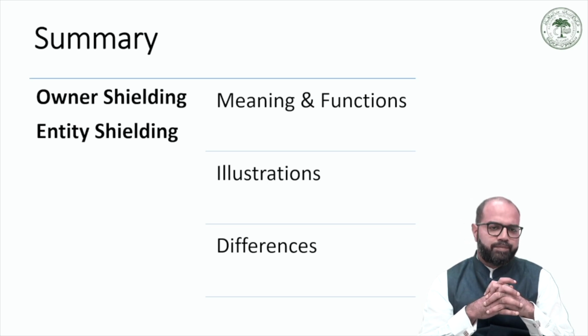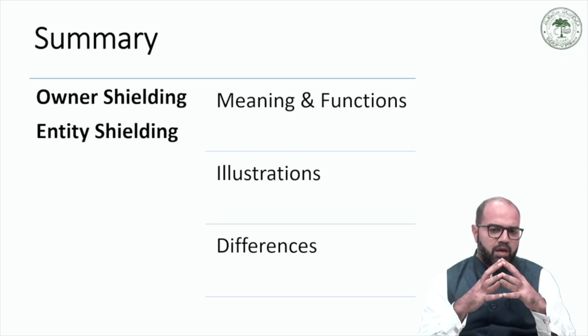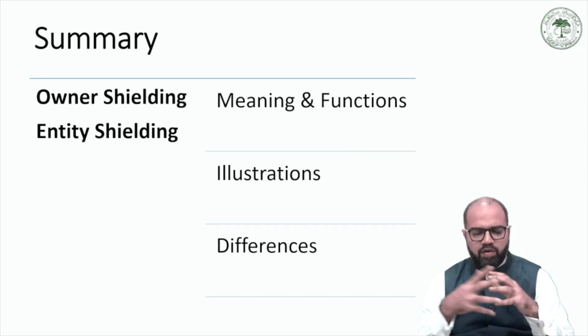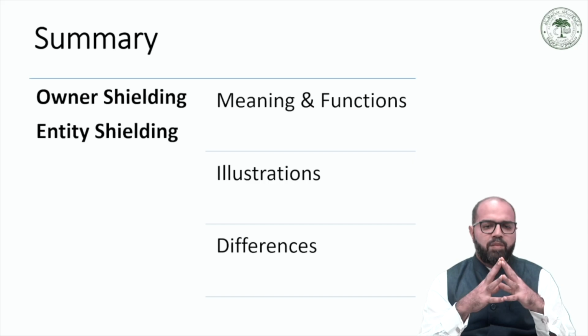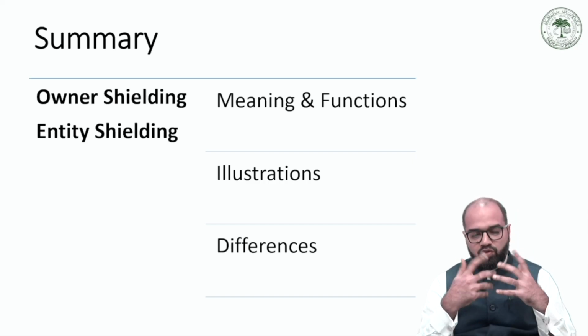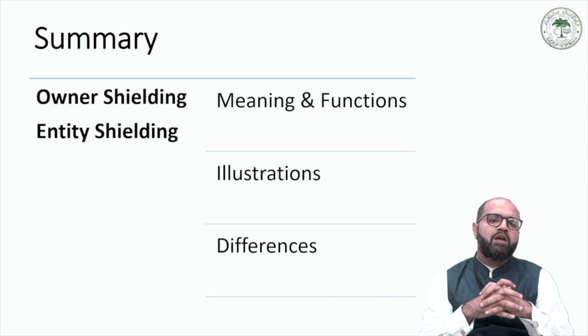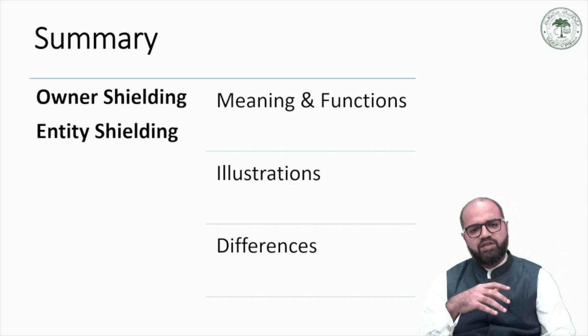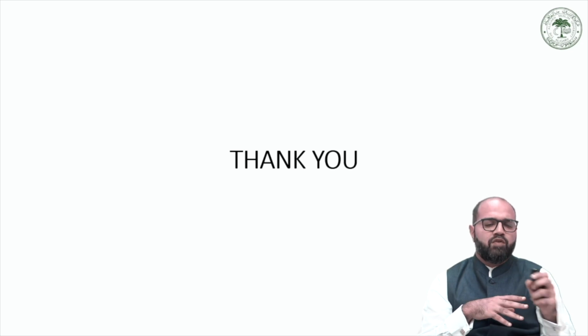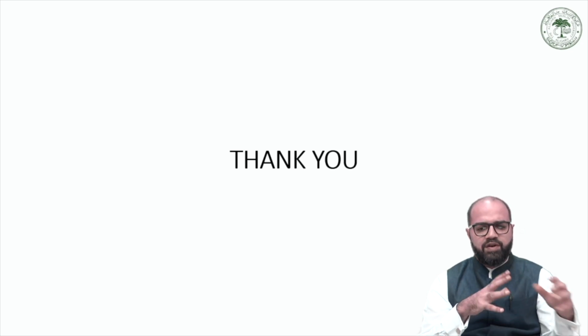However, if the promoters or entrepreneurs are dependent upon credit or loans for the capital requirement of a company, then an unlimited liability company is more suitable to them. Ultimately, it is a choice which the business founders and promoters have to make. So with this, we close this lecture.